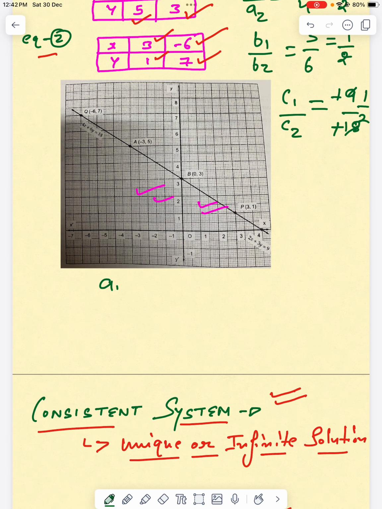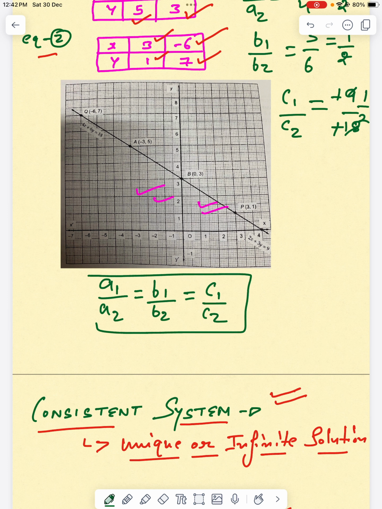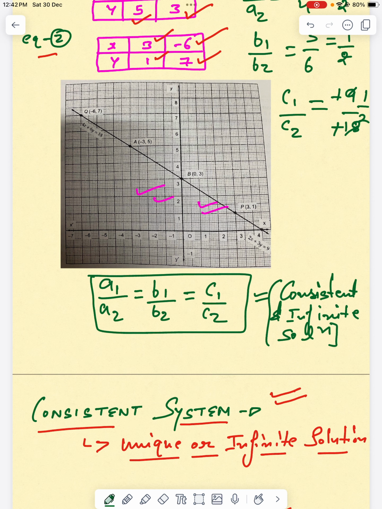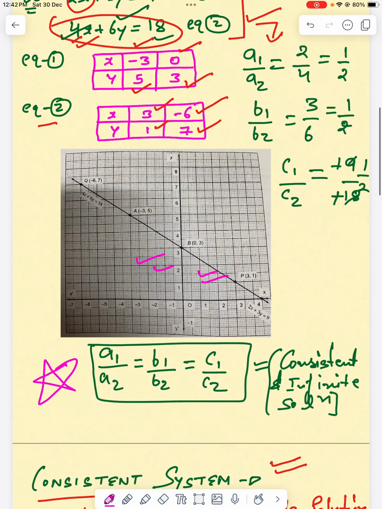So one more relation we are arriving at, that is for a given pair of linear equations in two variables, the system is consistent and having infinite solutions only if a1 upon a2 is equal to b1 upon b2 equal to c1 upon c2. This can also be directly asked in your MCQs.